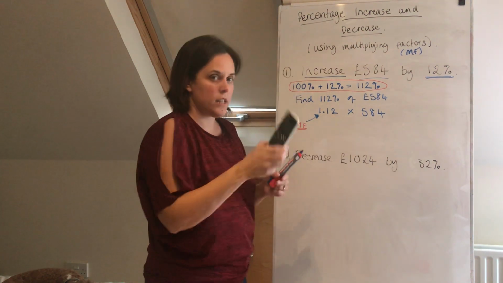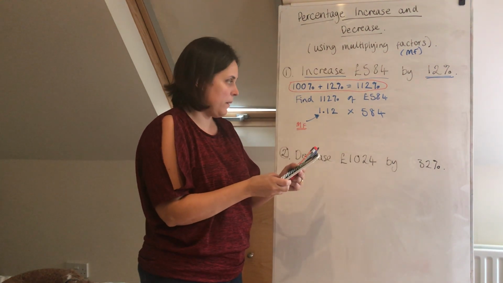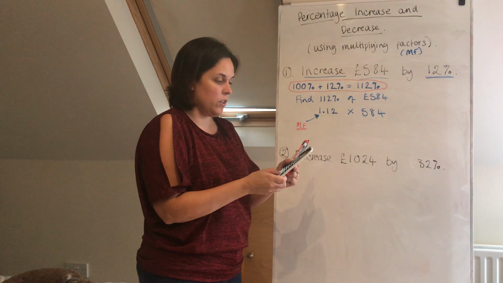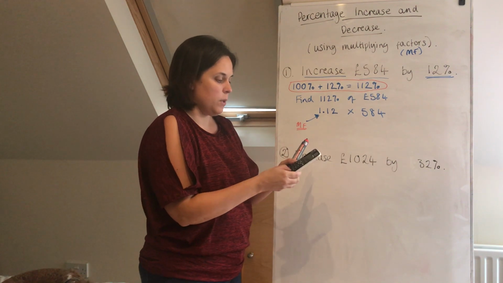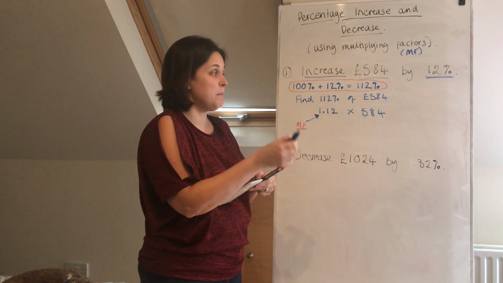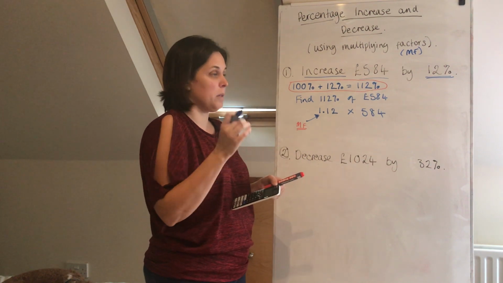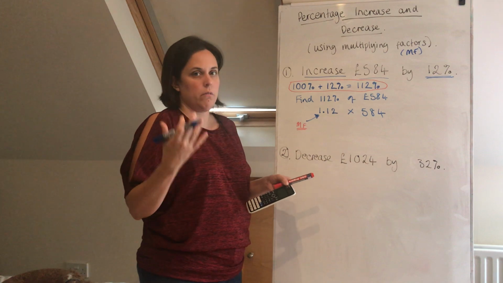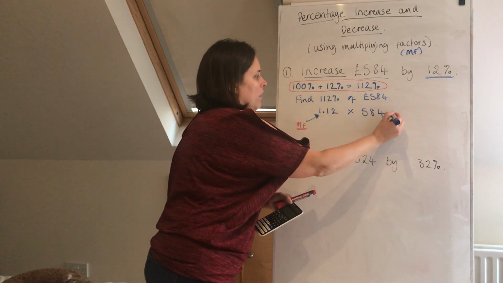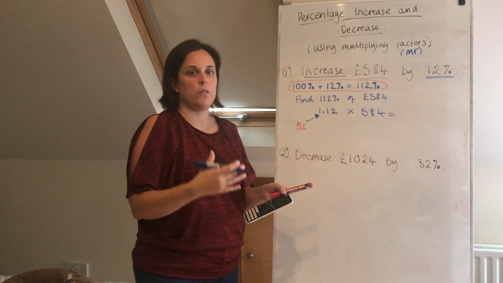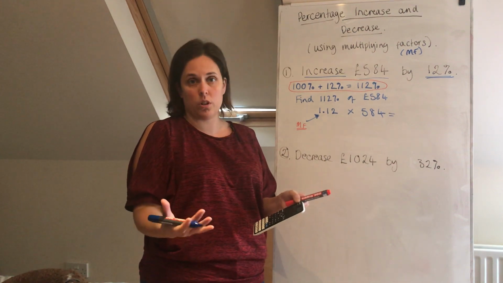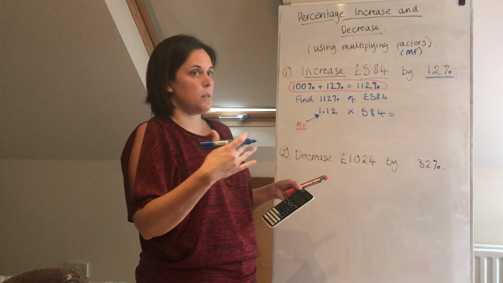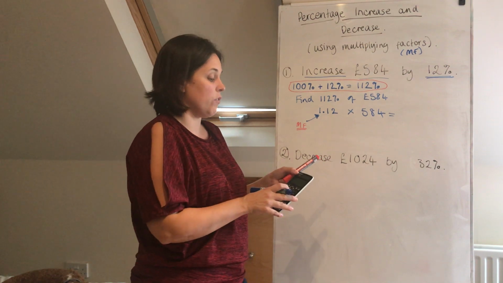So then we get our trusty calculator and we type in 1.12 times 584, and that is equal to, now don't forget this is money. This question is about money, and with our money system we have pounds and pence, so that's always 2 decimal places. So if you get an answer which is more than 2 decimal places, you must put 2 decimal places and do your rounding.